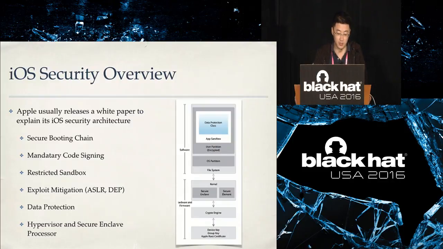In terms of exploit mitigation, iOS has both kernel and Userland address space layout randomization, and also non-executable, non-writable memory protections, like DEP. And on 64-bit devices, Apple also applies hypervisor technology and the Secure Enclave Processor, a separate chip, to improve security.